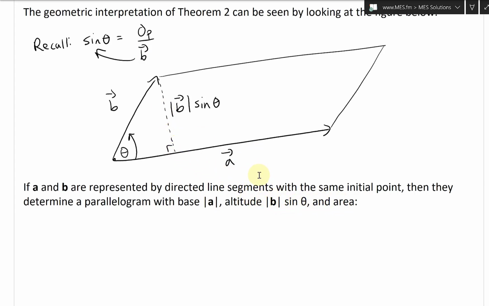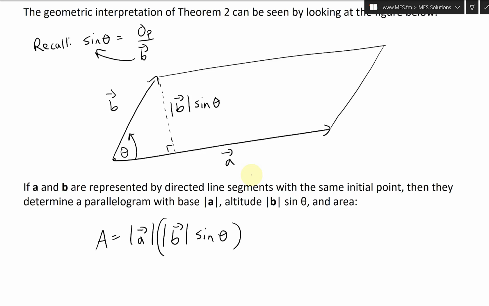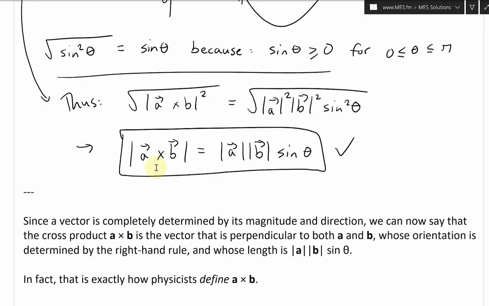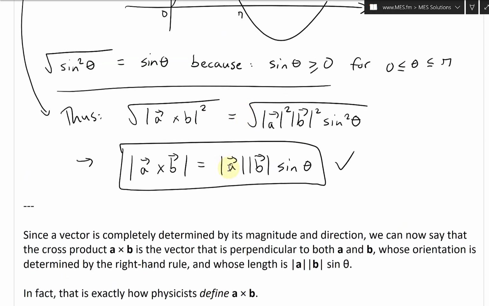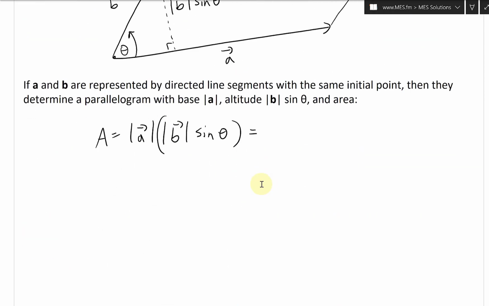The area is equal to the length of A times the length of B sine theta. So basically length times height of this twisted rectangle. This is just Theorem 2: length of A times length of B times sine theta, which equals the length of the cross product A cross B.